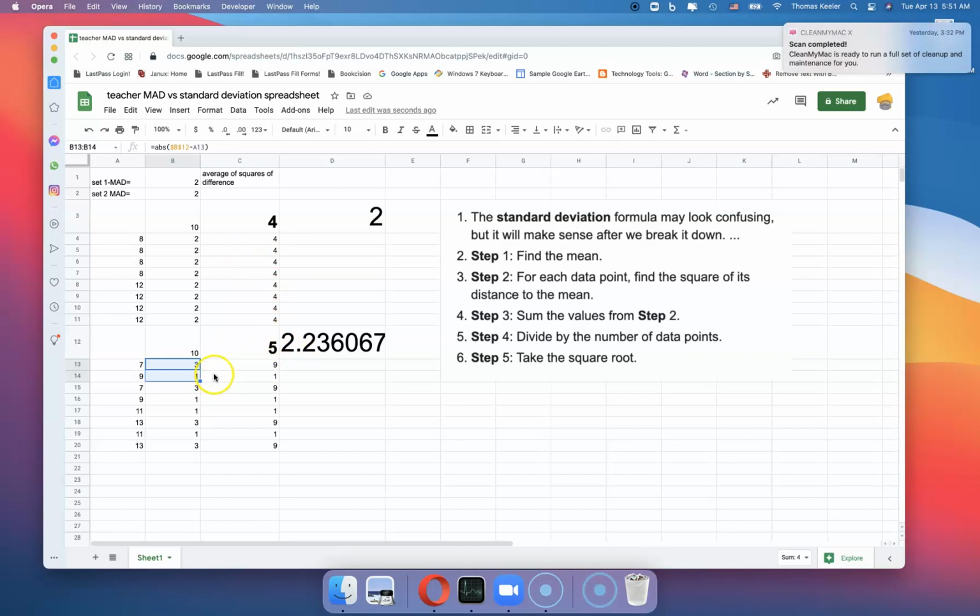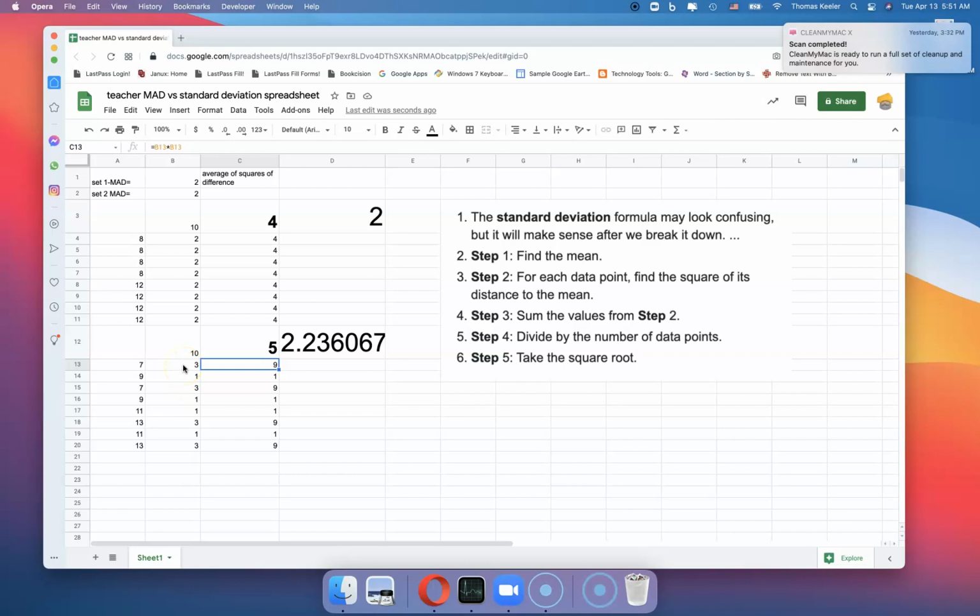In other words, in the language people use, it's weight. You're giving more importance to things that are further away. By taking the square, the 3 is given more importance. If everything's 2 away, you square them and get 4 and 4. If you have 3 away and 1 away, in mean absolute deviation it doesn't matter, it's just that the average is 2 away.